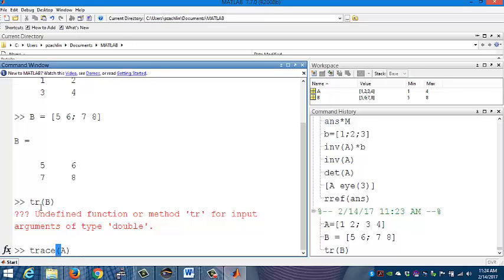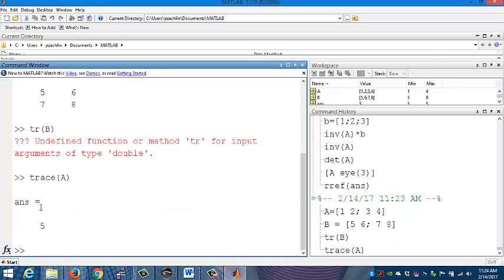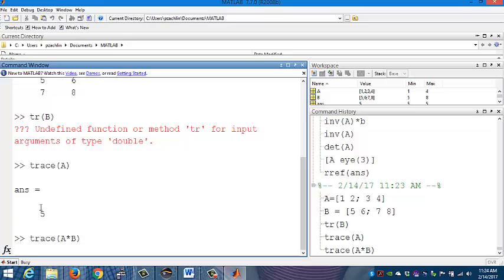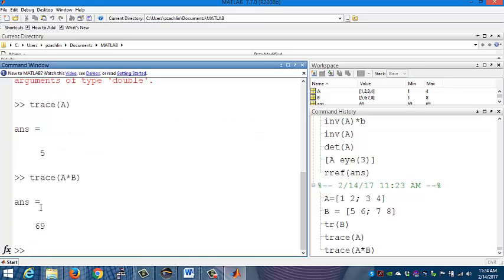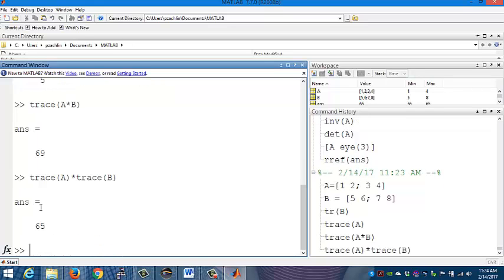Oh yeah, 4 plus 1 is 5. Okay, so we have the command trace. So now we can do trace of A times B, and you got 69 for that. Whereas if you do trace of A times trace of B, you only get 65.